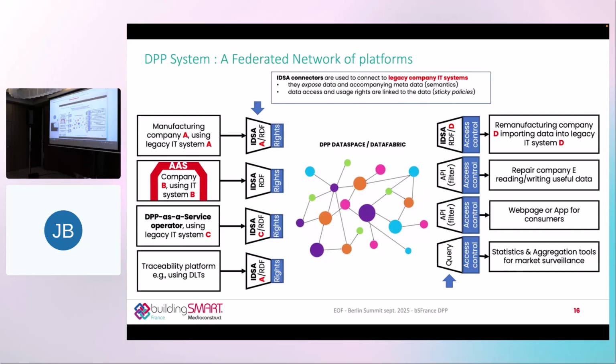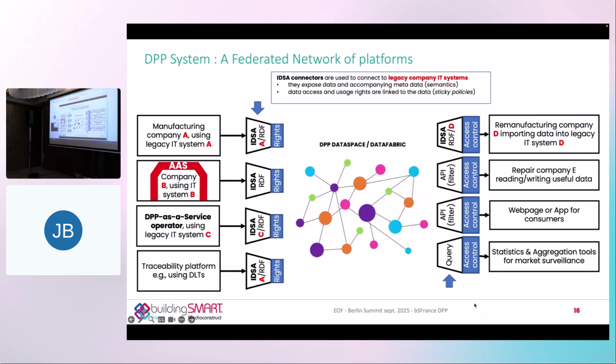So that's a proposal of what people are doing today in the data space world in Europe with Gaia-X, in order to allow the various actors in a system to use DPP based on what we call the EDSA connector, which is a system that allows you to connect your legacy system in an internal company to the shared data space based on standardized process and data.